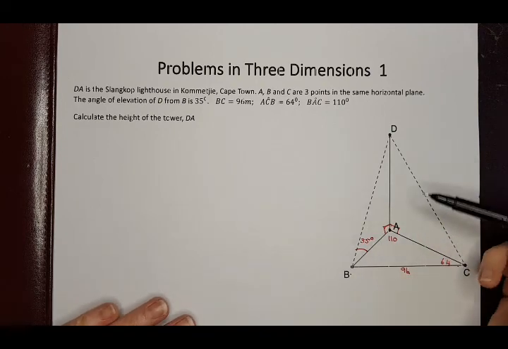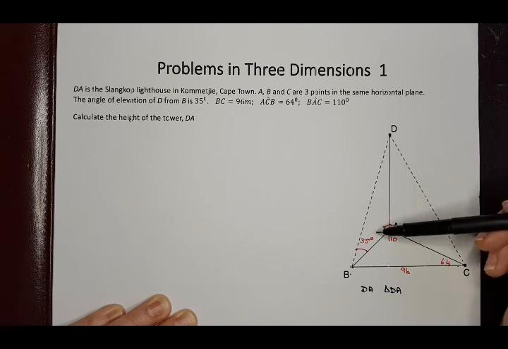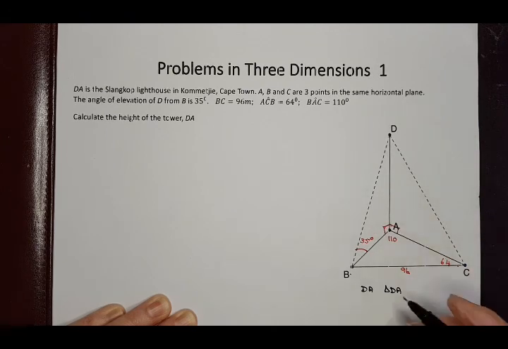So again, we have to plan how we're going to tackle the sum. My target is DA. What triangle am I going to work in to find DA? Well, DA belongs to 2 triangles, that one over there and this one over here, but I'm clearly going to pick DAB because I know more about that triangle. I know that that angle is 35 degrees.